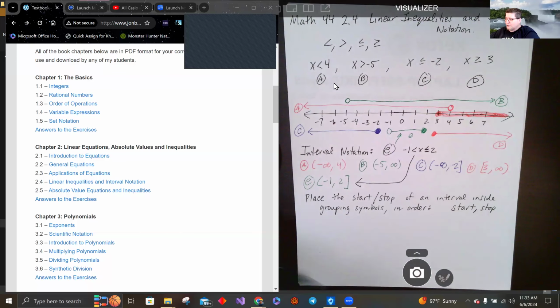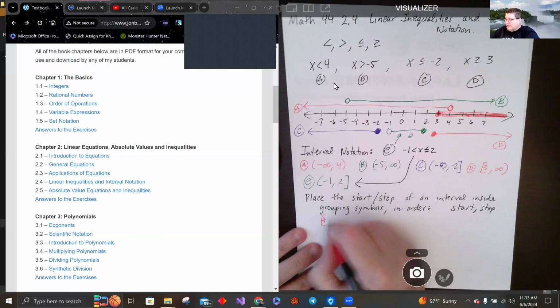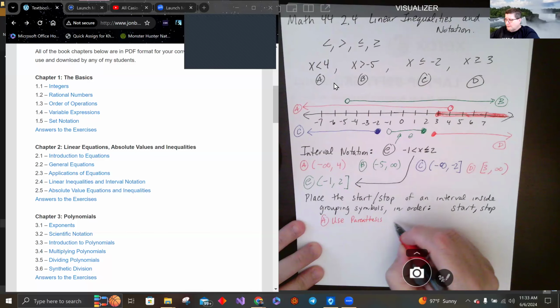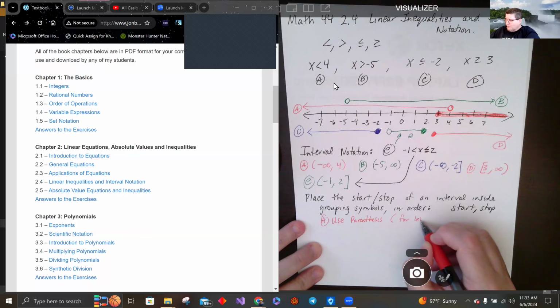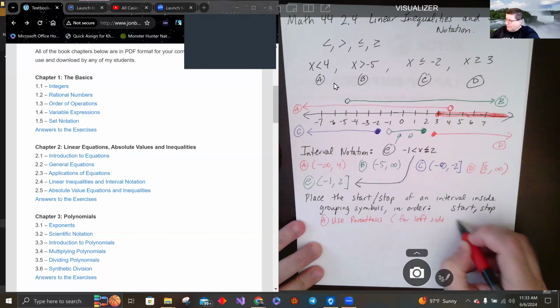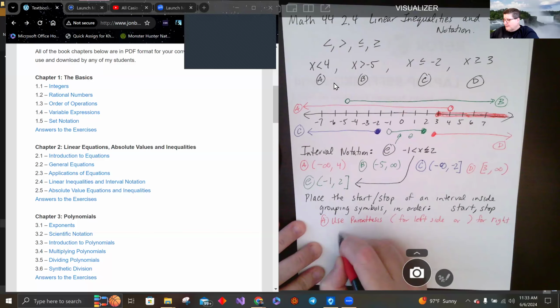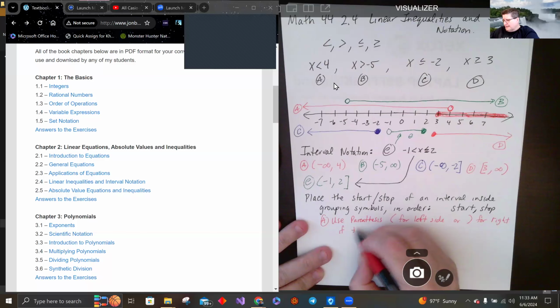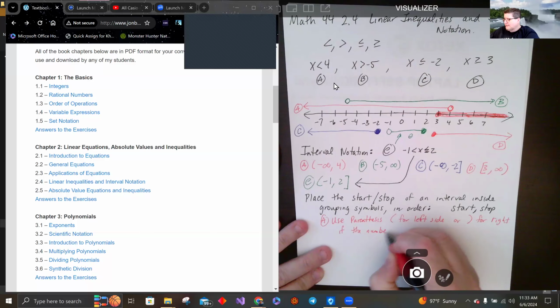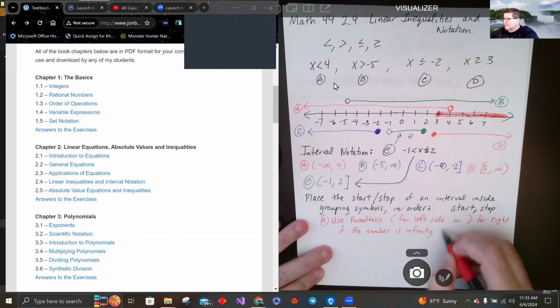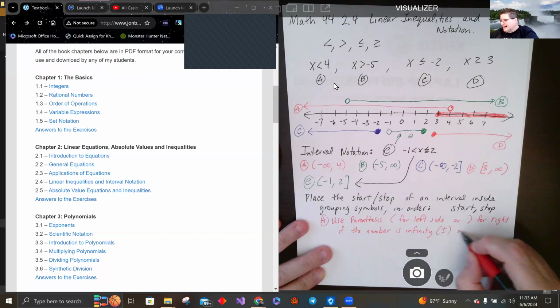So the way we choose the grouping symbols is use parentheses for the left side or right side if the number is infinity, plus or minus, or not included.